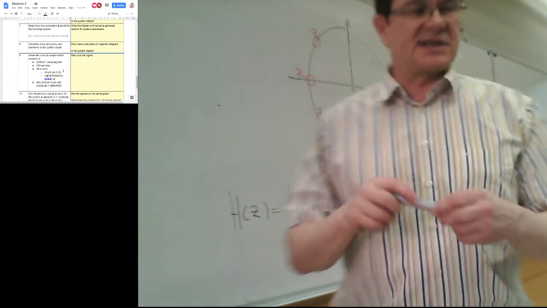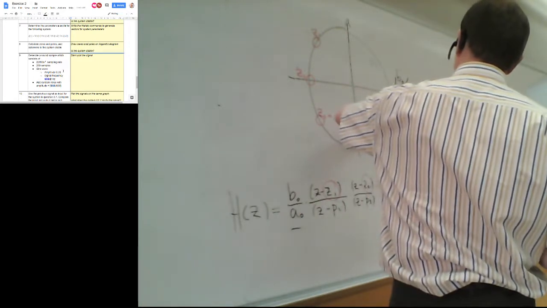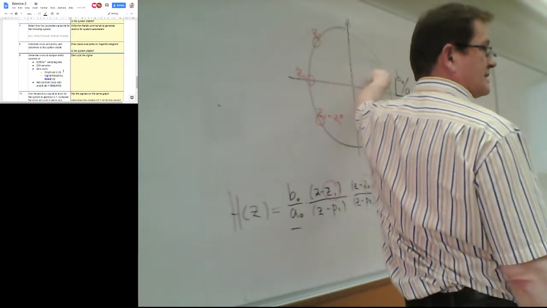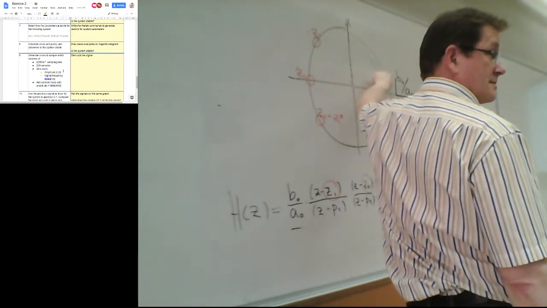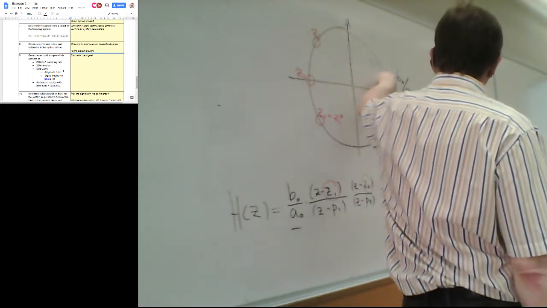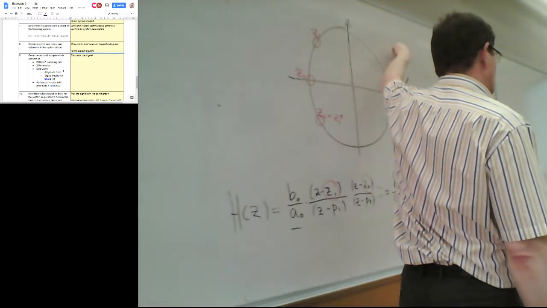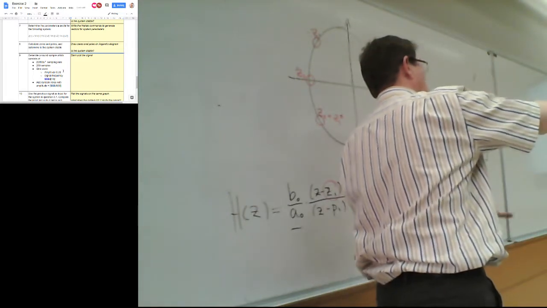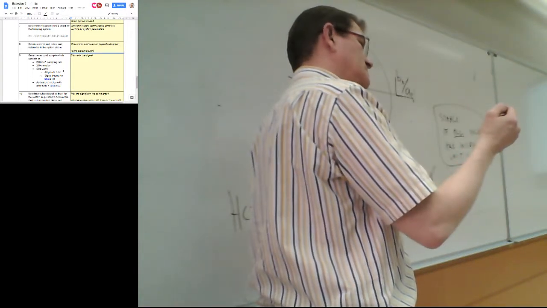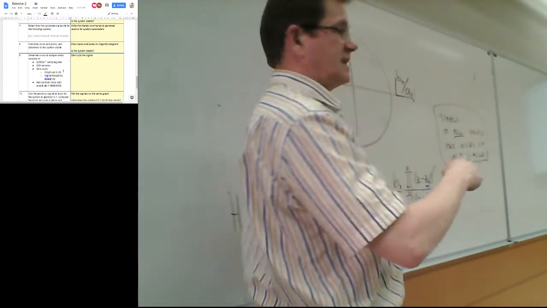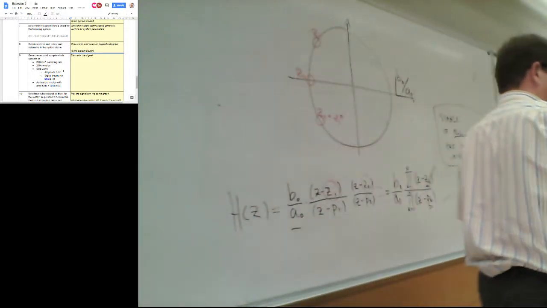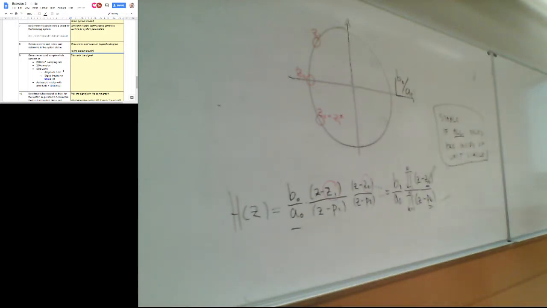A critically stable system would have a pole exactly on the unit circle, meaning it oscillates on that angle. If it's outside, it's bound to actually at some point saturate. It's just due to the too high positive feedback, the signal is just increasing and increasing. At some point, you get the maximum number you can handle.